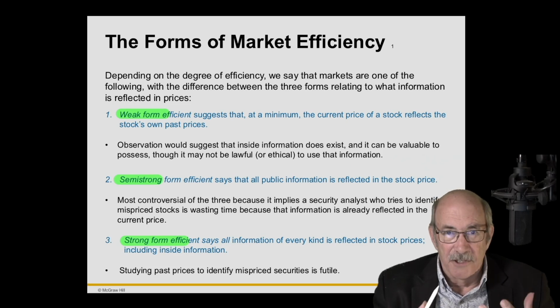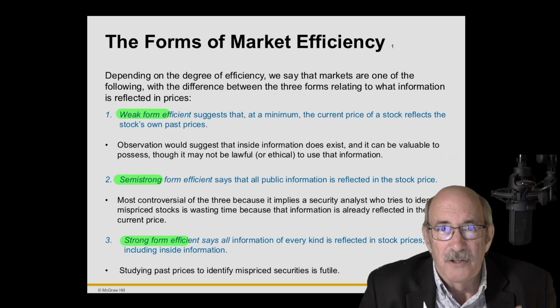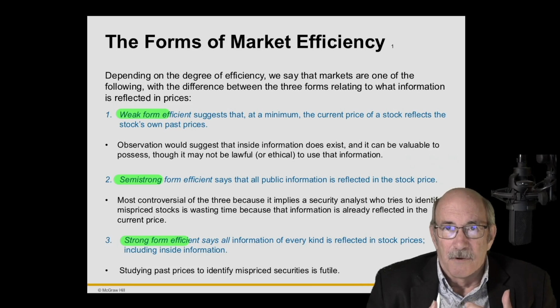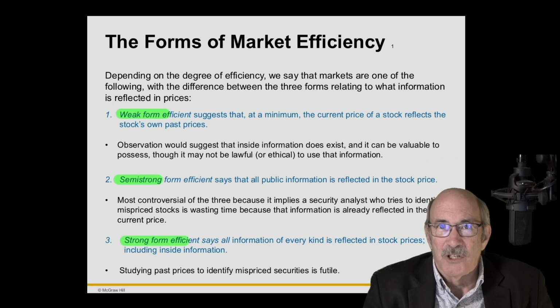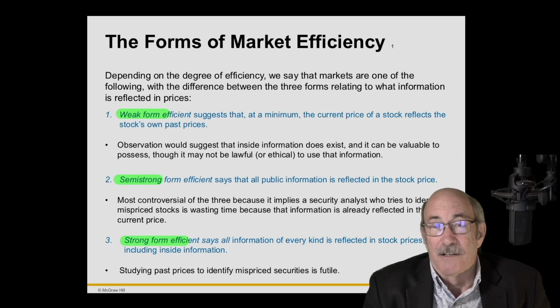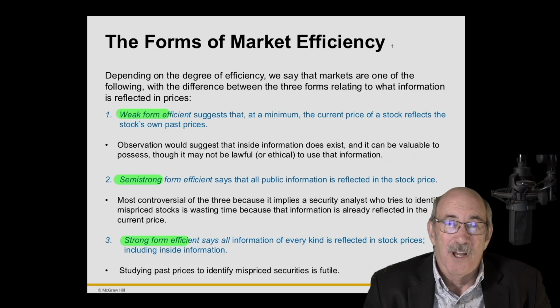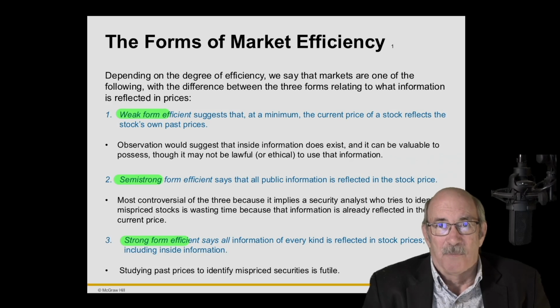Now, I always think about this last category, strong form efficient, as kind of a straw man because markets will never be strong form efficient. The reason is that in order for price to reflect that private information, that individual who holds that private information has to trade on it. And if they don't trade on it, the market can't possibly know that.